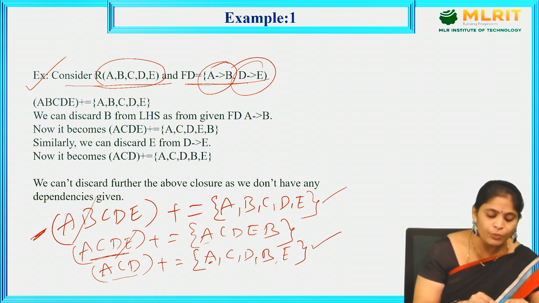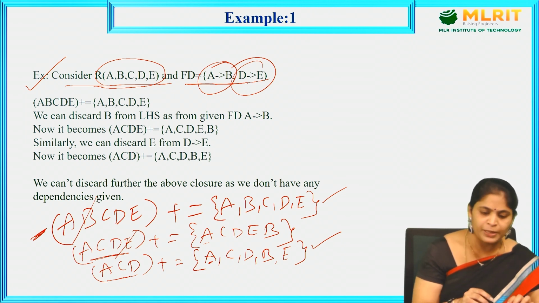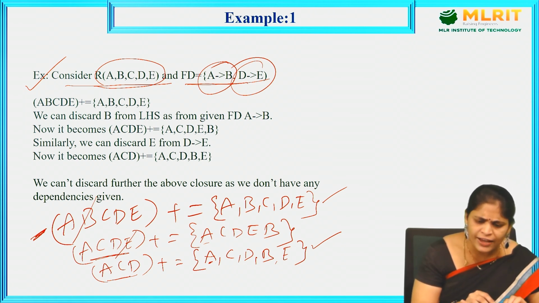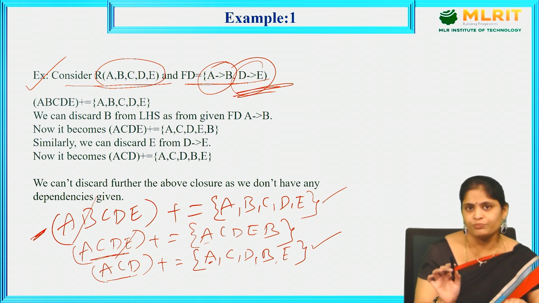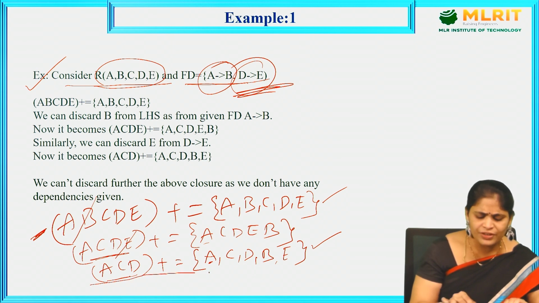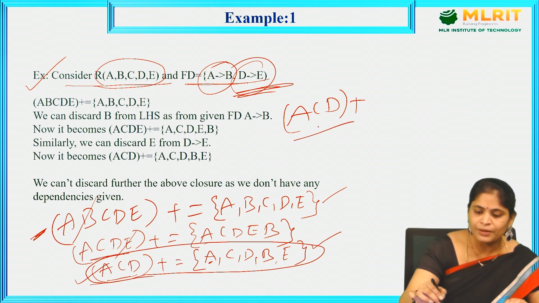Again, we need to check whether we can derive or discard anything from the given dependencies. So, A is derived by anything? No. C is derived by anything from the given FDs? No. D is derived by anything? No. So with this, we have obtained one super key. ACD plus is nothing but a super key.